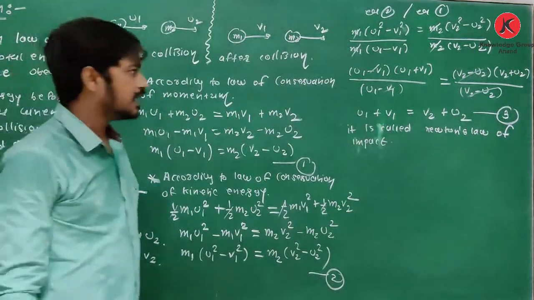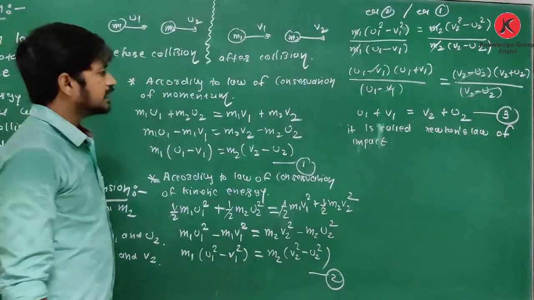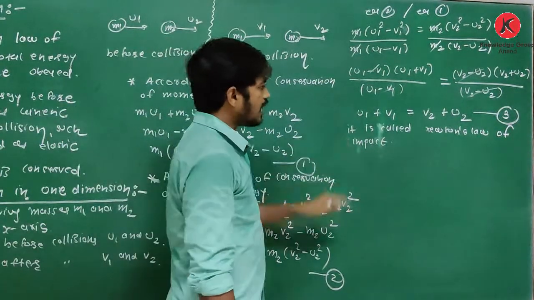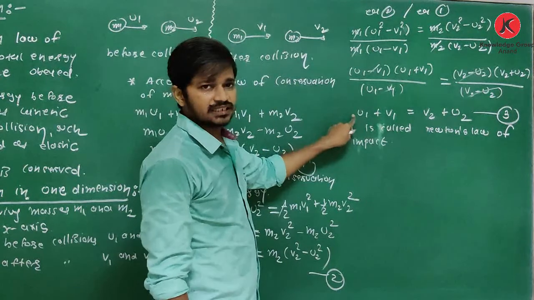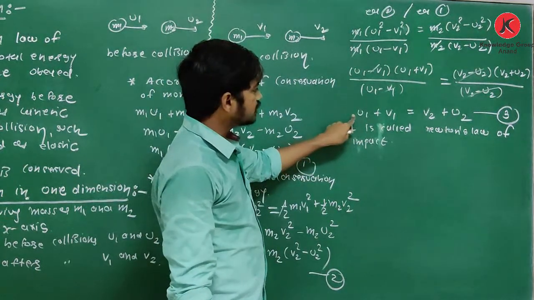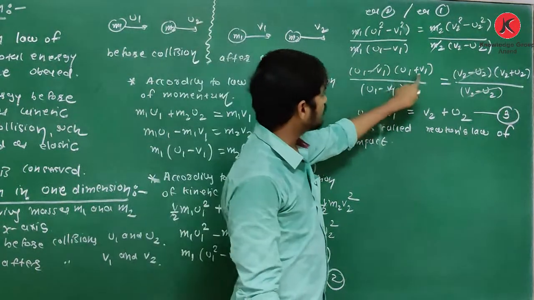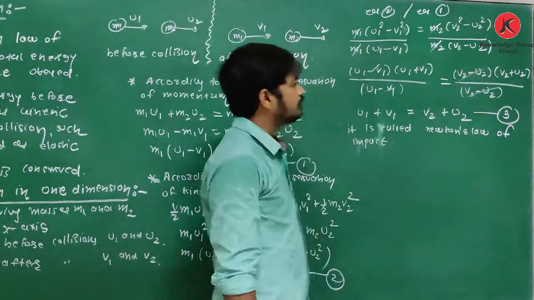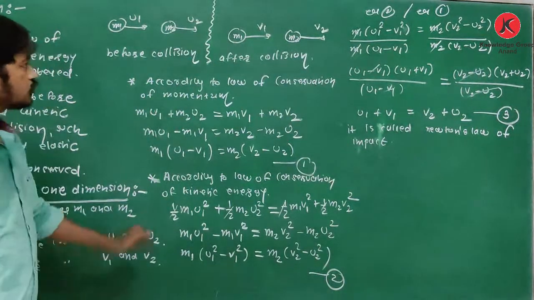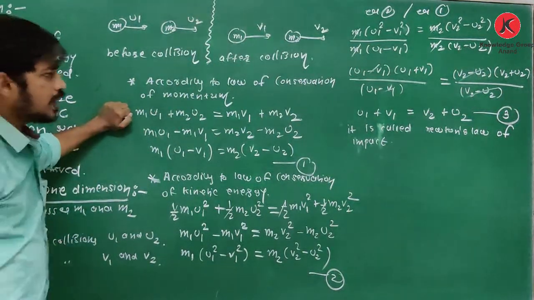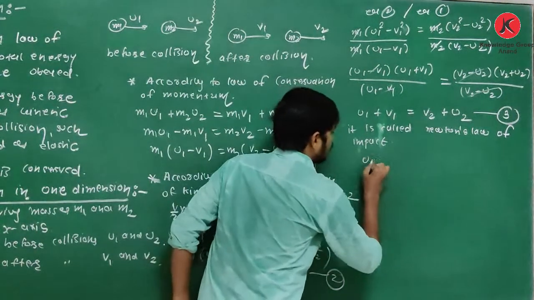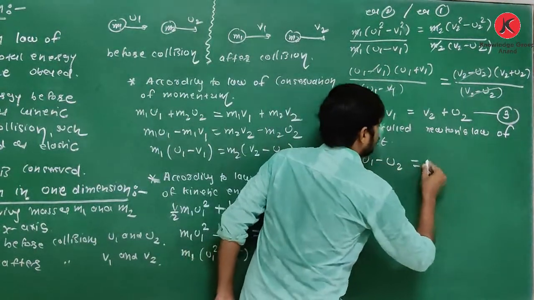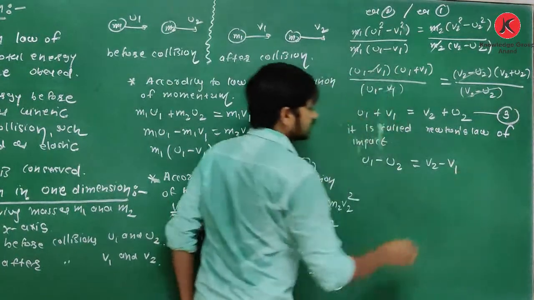Also here it is. See, if I can write this equation, u1 plus v1 is equal to v2 plus u2, I can write this equation as u1 minus u2 is equal to v2 minus v1.